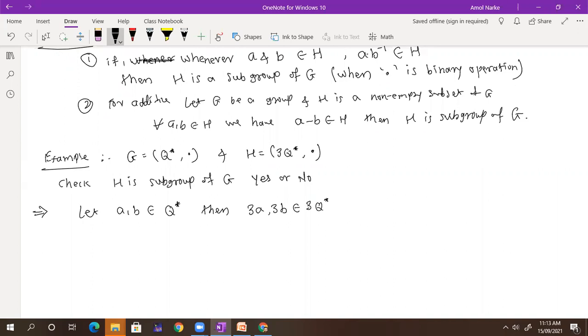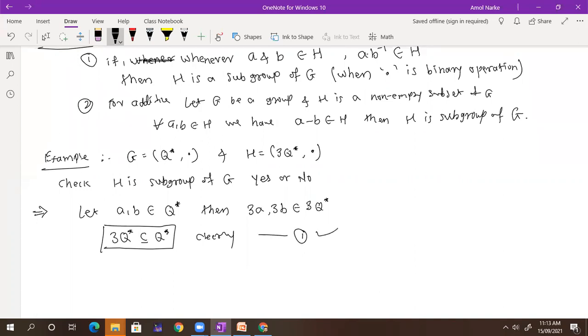Tell me whether 3 Q star is a subset of Q star. Yes, it is clearly always a subset. So my first condition is satisfied.